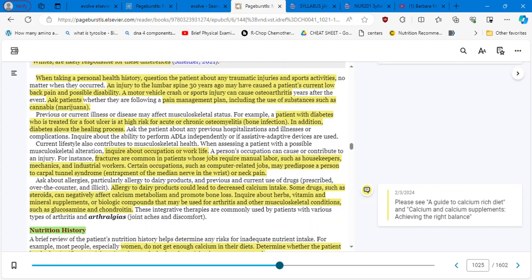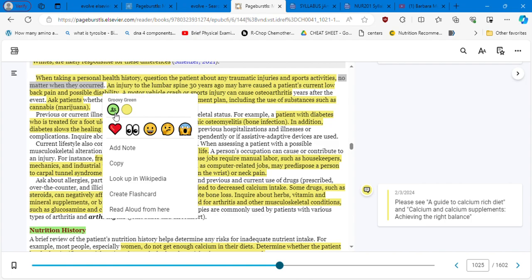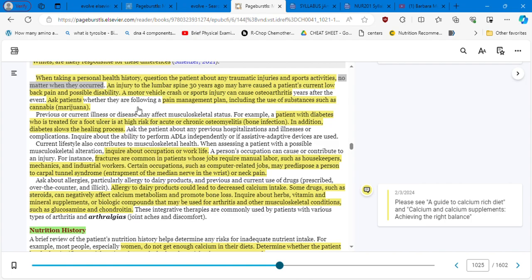When taking a personal health history, question the patient about any traumatic injuries and sport activities, no matter when they occurred. An injury to the lumbar spine 30 years ago may have caused a patient's current low back pain and possible disability.